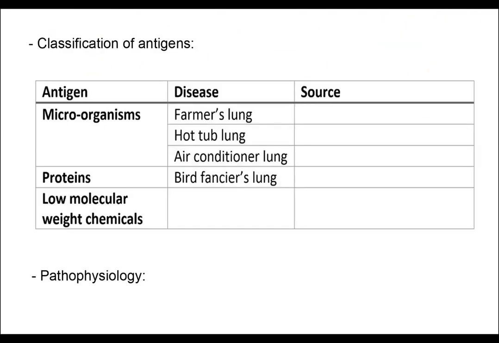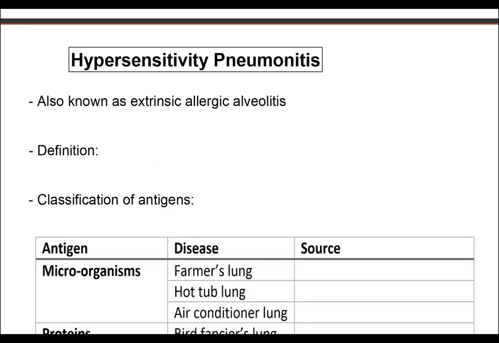Okay, so from our 4 inorganics, we now come to the organic interstitial pneumonitides. Another name for this is extrinsic allergic alveolitis. And boy, that's just not a very good name. Okay, I get that it's extrinsic because it's outside of the body.